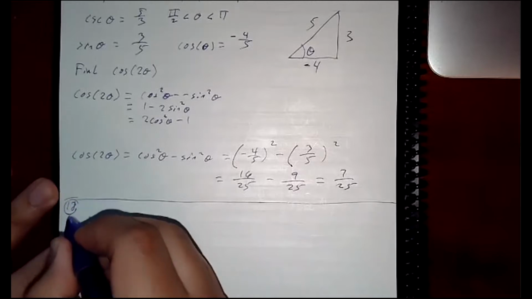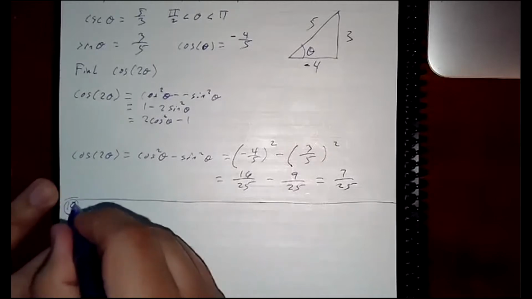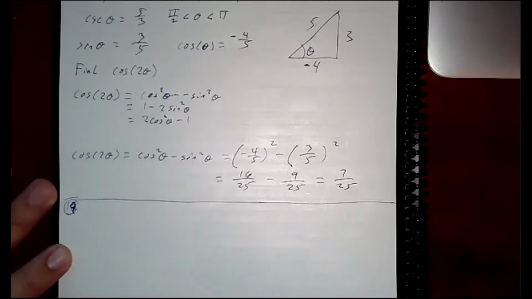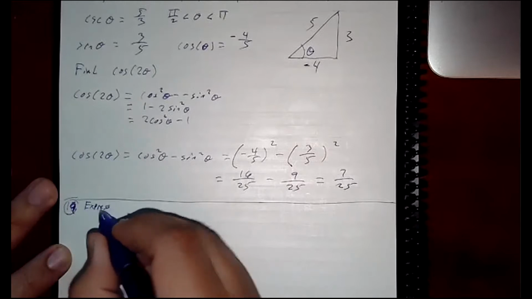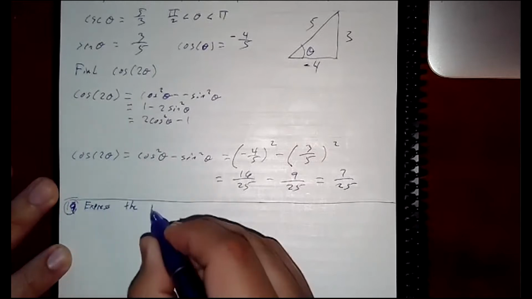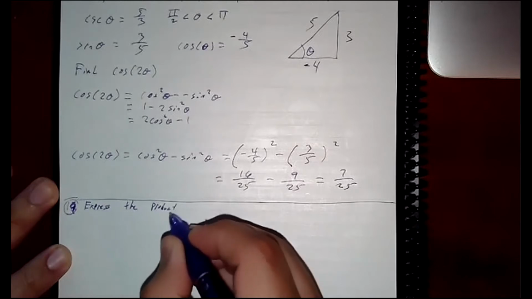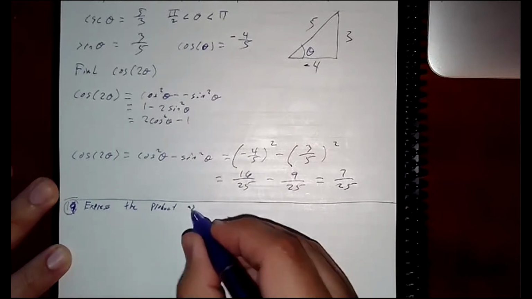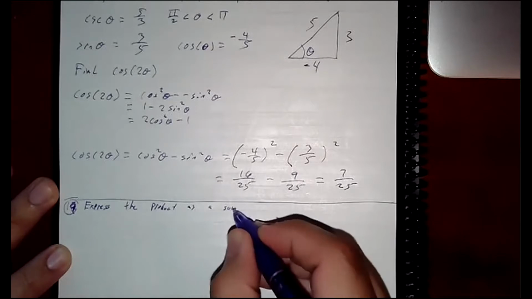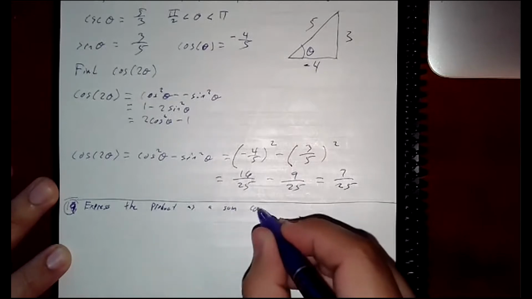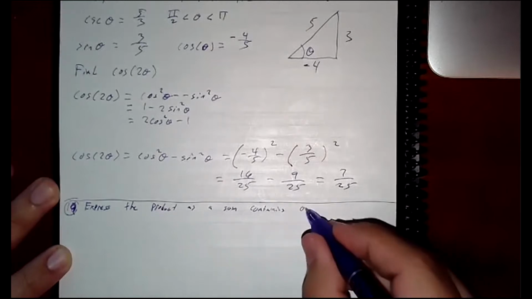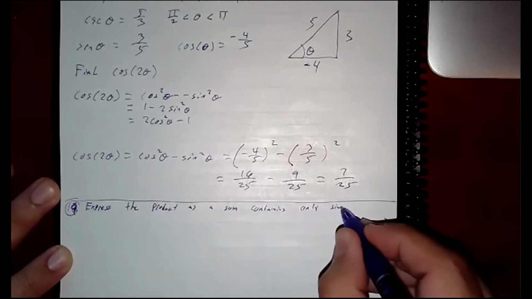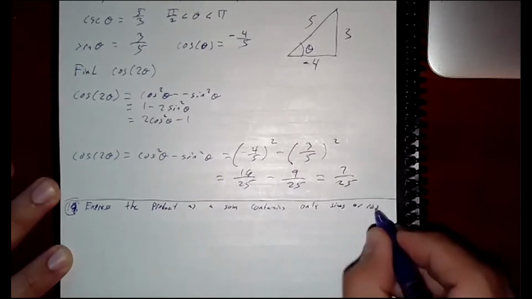19. It says express the product as a sum containing only sines or cosines.